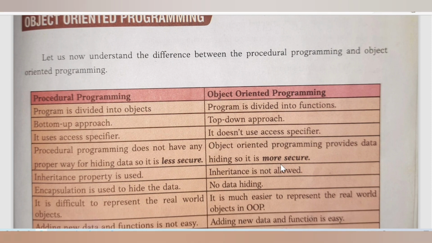Difference between OOP and POP: in OOP, programming is divided into objects. Here it is divided into functions. Bottom up approach, top down approach. This is written wrong. Procedure programming is top down, and this one is bottom up.